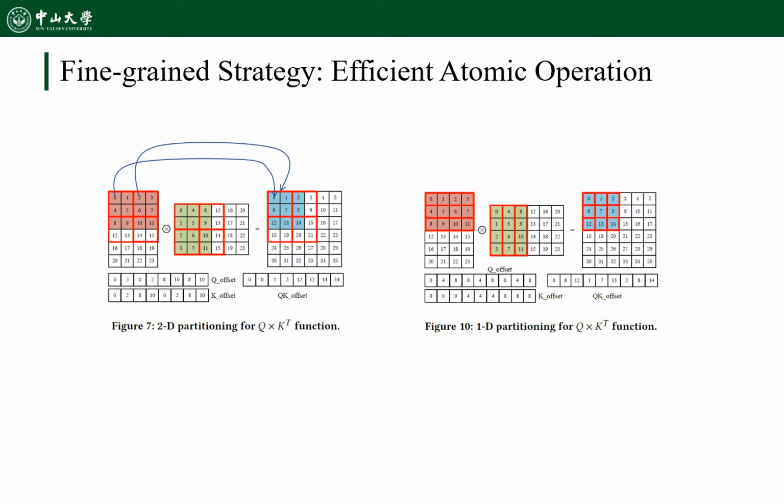Next, for the fine-grained strategy, there is an atomic problem. So we have the efficient atomic operation. As in the left figure, results of multiple mini block pairs in the two-dimension partitioning will write to the same place. Thus, the correctness of the fine-grained strategy needs to be ensured by the atomic operation, in which the contention problem degrades the performance.